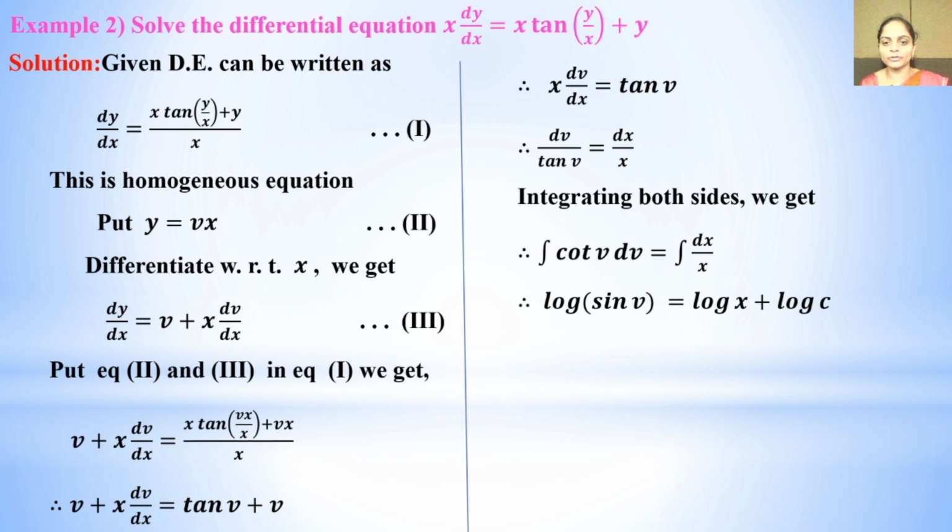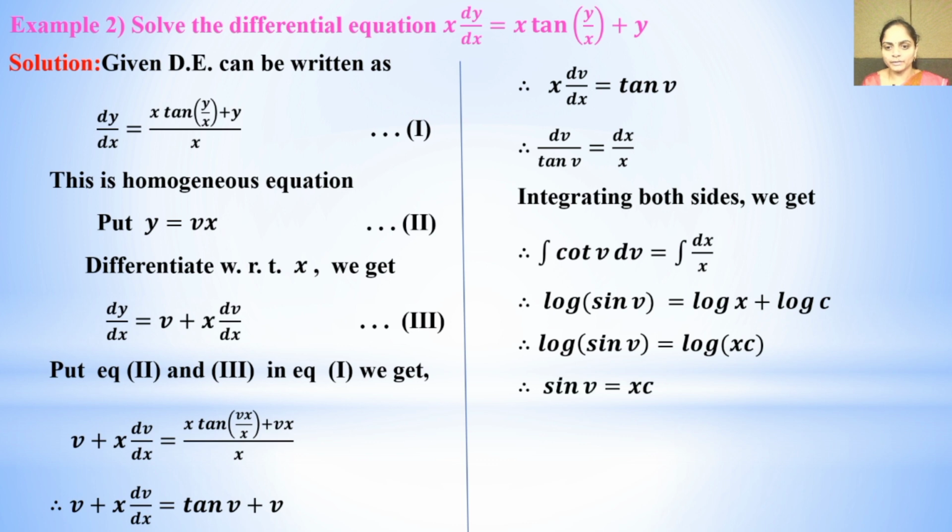Therefore log of sin v is equal to log x plus log c. Now we use the rule log m plus log n is equal to log of mn. In the RHS we get log of sin v is equal to log of x into c. Now we know the rule, if log m is equal to log n, then m equal to n.